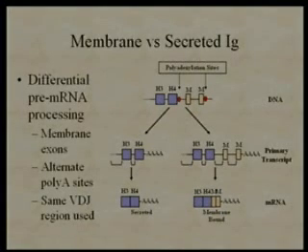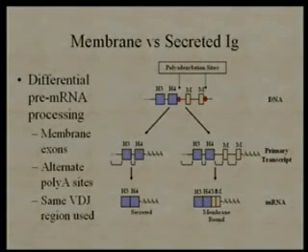In the mature B cell prior to being exposed to antigen, this is the processing that occurs. This polyadenylation site is used. After exposure to antigen, this polyadenylation site is used, and you start secreting the antibody instead of putting it on the surface of the cell. Notice that even though the cell can make these two different forms of the antibody, a secreted form or a membrane-bound form, the specificity hasn't changed.